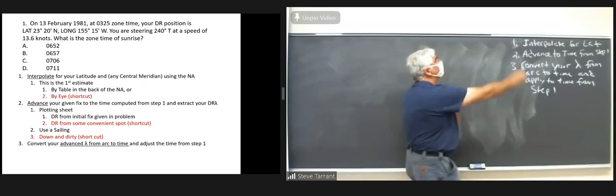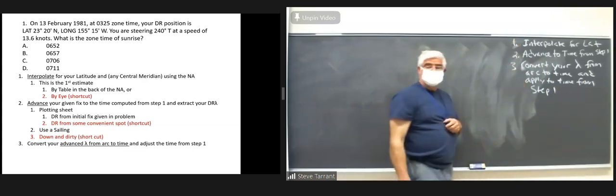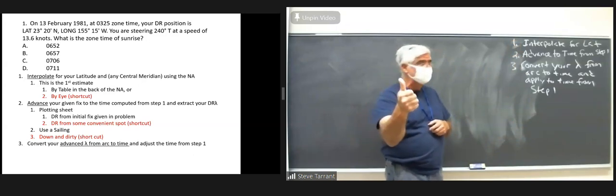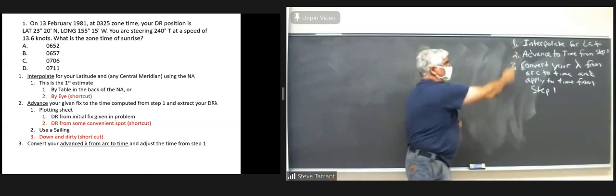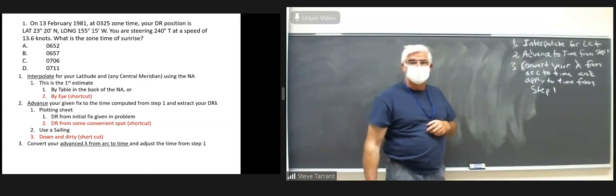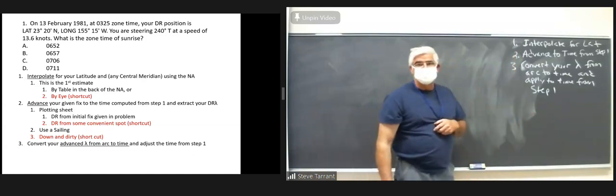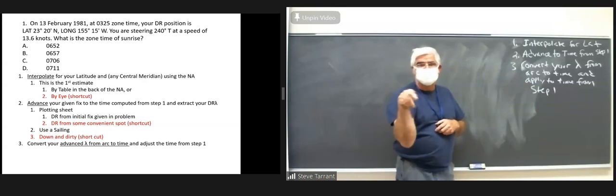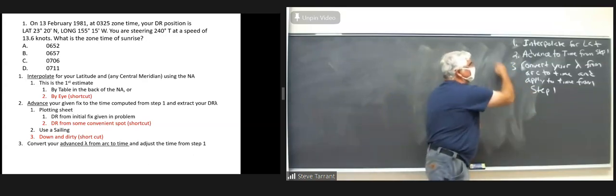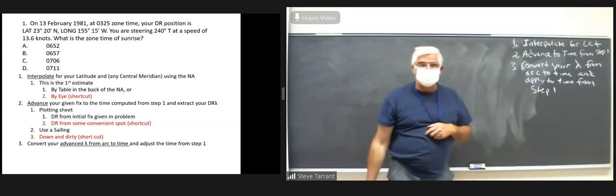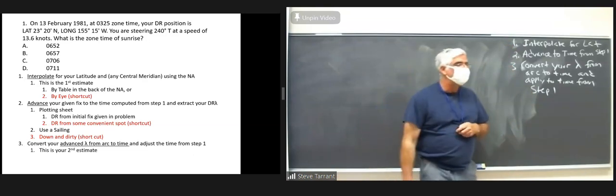Okay? First, estimate your latitude. Advance to the time from step 1. Take the longitude from the advance, convert it from arc to time, and apply it to the time from step 1. You're done. Okay?